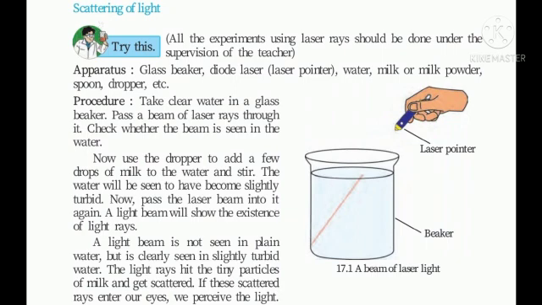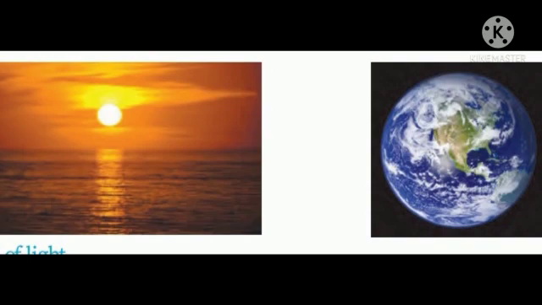When sunlight enters the Earth's atmosphere, it gets scattered by the molecules of gases like nitrogen, oxygen, etc. present in the atmosphere.